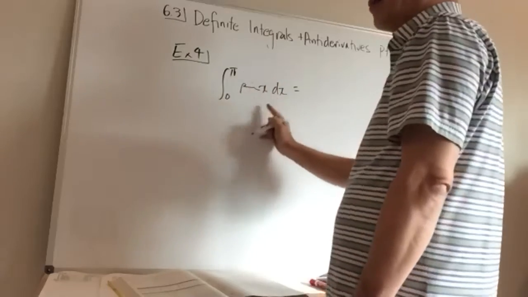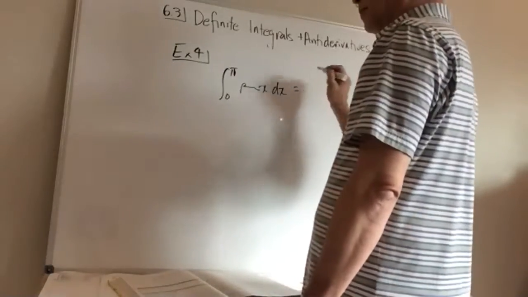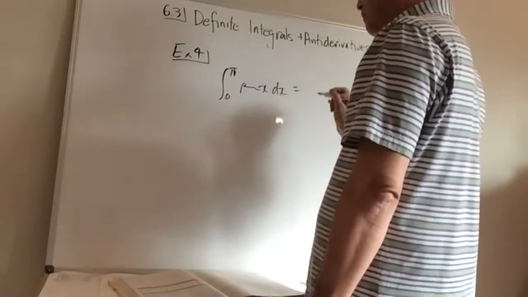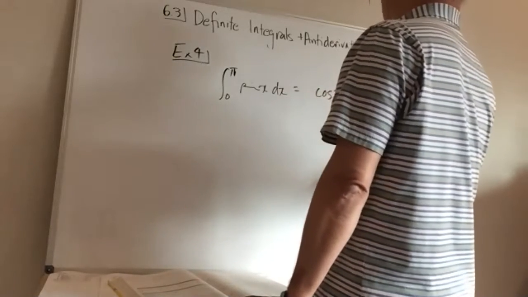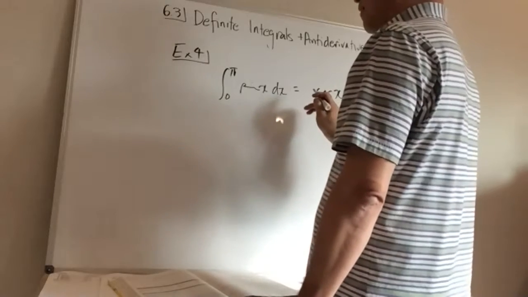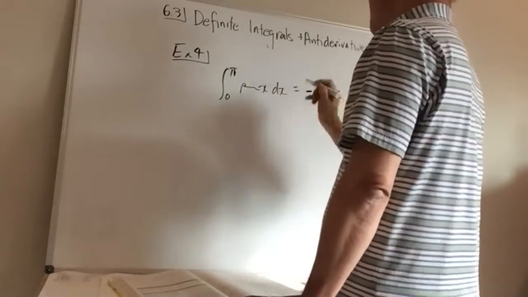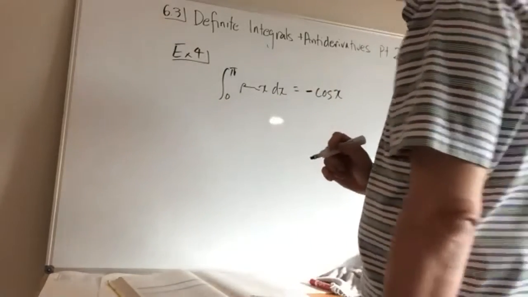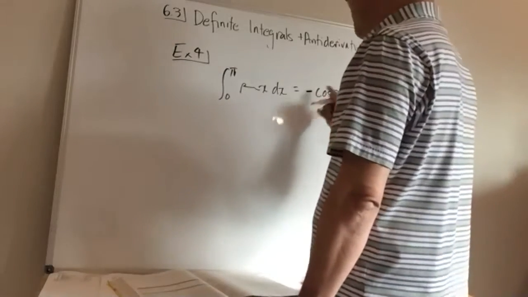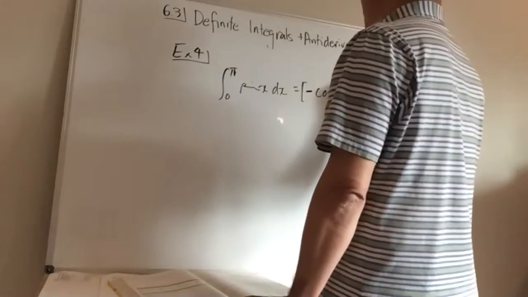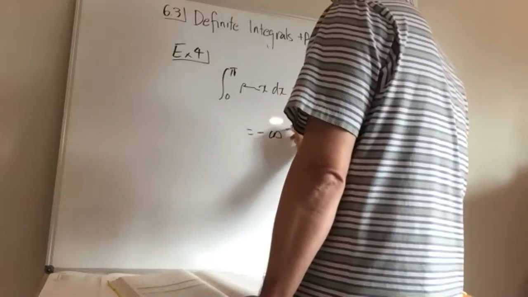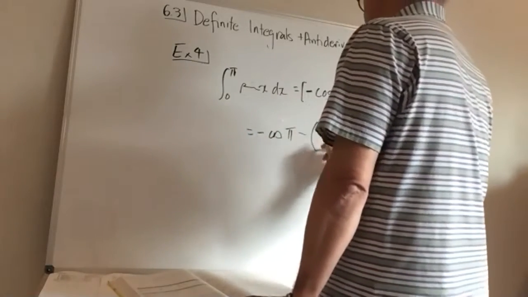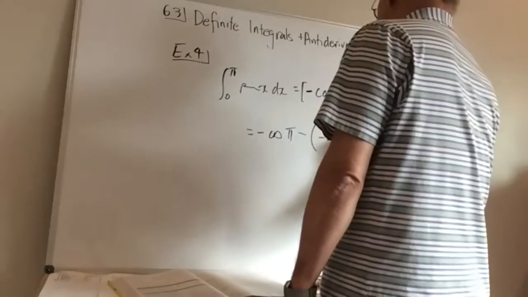What's the antiderivative of sine x? Cosine? Close, almost, but not quite. Negative cosine x, right? Because when you take the derivative of cosine, x becomes negative. So, from 0 to pi, I'm going to go negative cosine pi minus negative cosine 0.